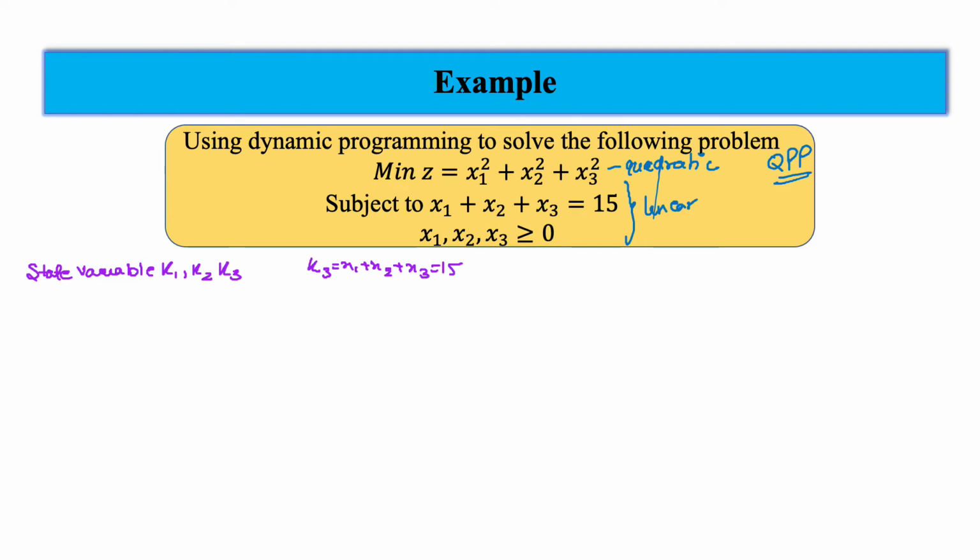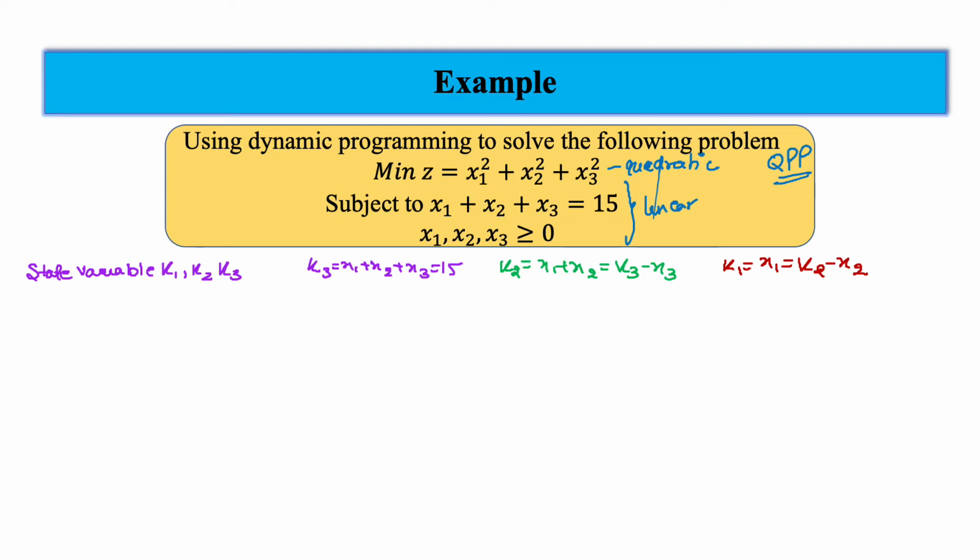Second state variable is k2 is equals to x1 plus x2, which is nothing else k3 minus x3. And third we are having k1 is equals to x1, which is nothing else k2 minus x2. So these are the state variables which we consider.